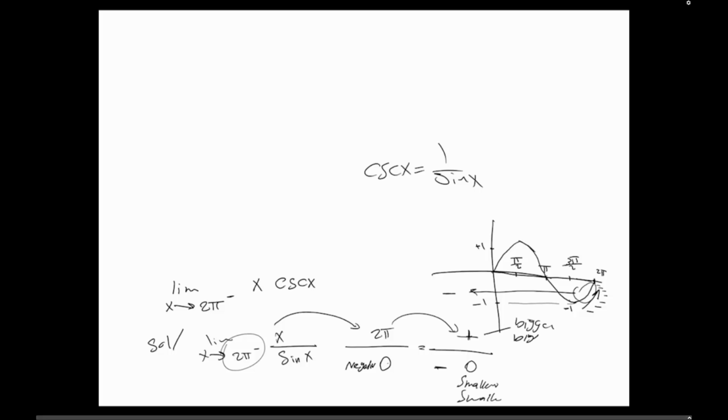This means we're getting closer to infinity. Basically, the bigger the quotient goes, the bigger the values get. But which infinity? Since we have a negative over here, this means we're getting closer to negative infinity.